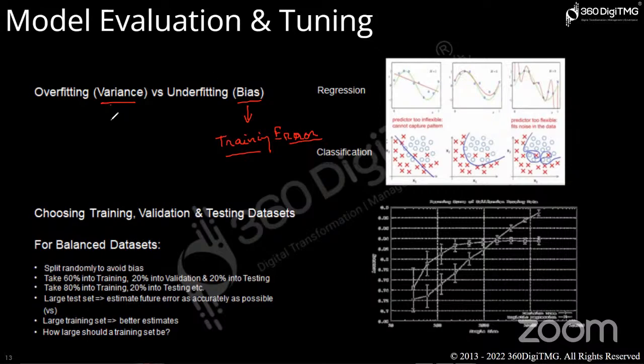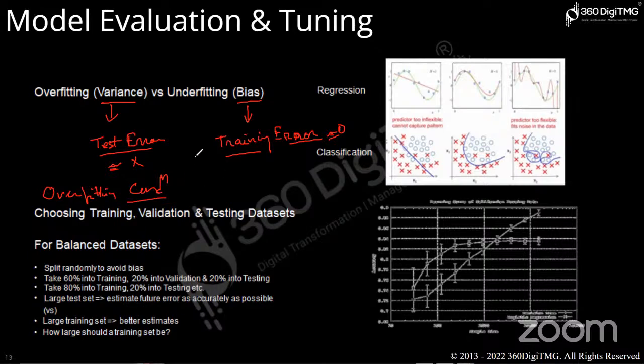Variance, we can say it is test error. So the condition where training error is 0 or very close to 0, but the test error is very high, suppose that, then this is an overfitting condition.